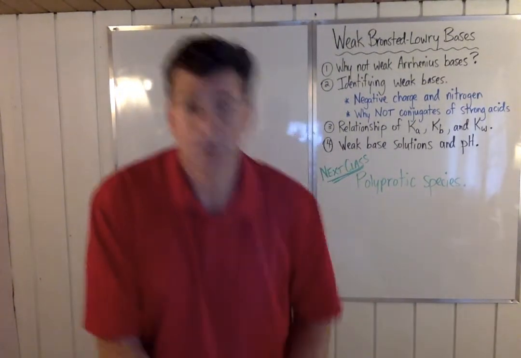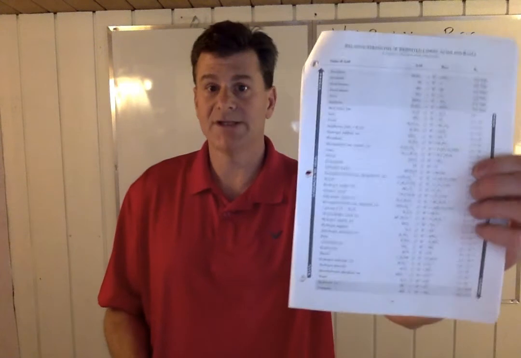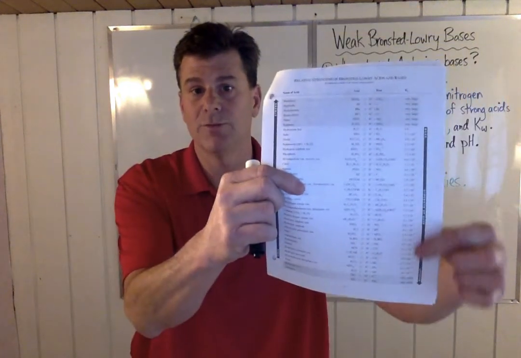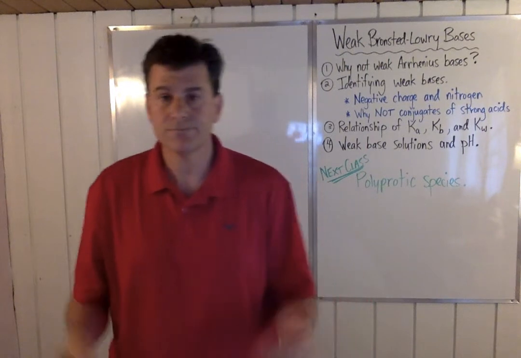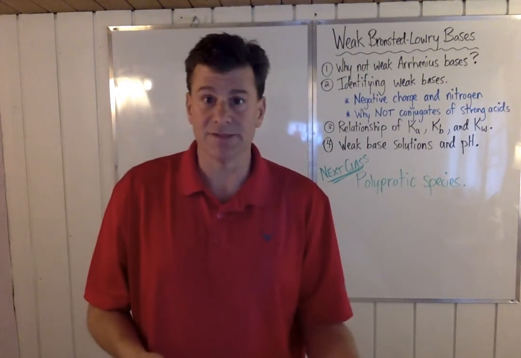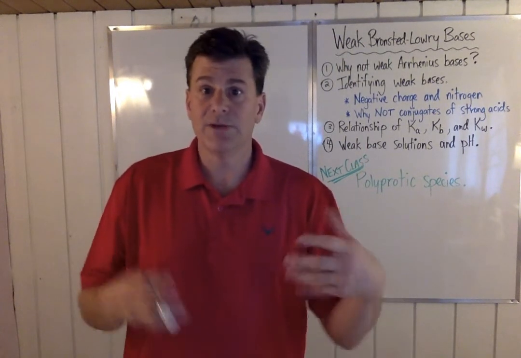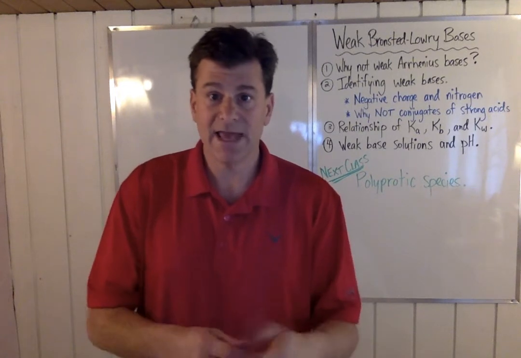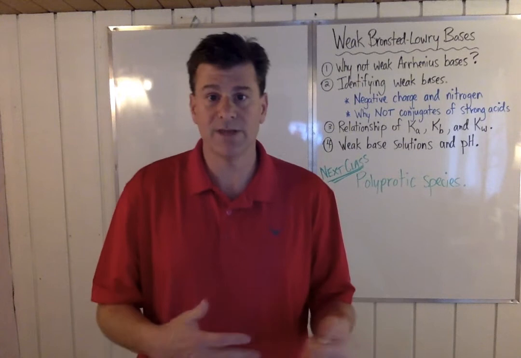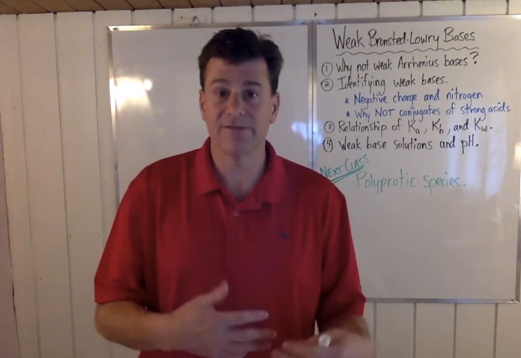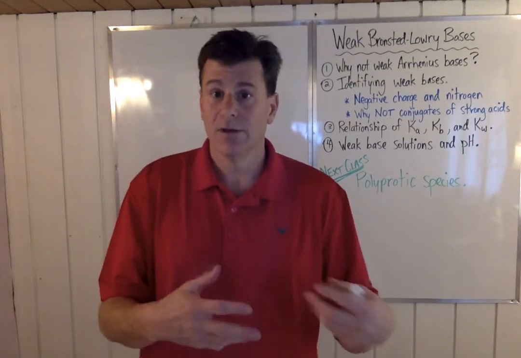Thankfully for acids, we have a table that gives us the actual numerical values of all the Kas of the weak acids we're going to be doing. We don't have a table of Kbs. So you get to the stage where you write the K expression, and the very next step of any weak acid or base calculation is to plug in the values from the ICE table, plug in what you know.